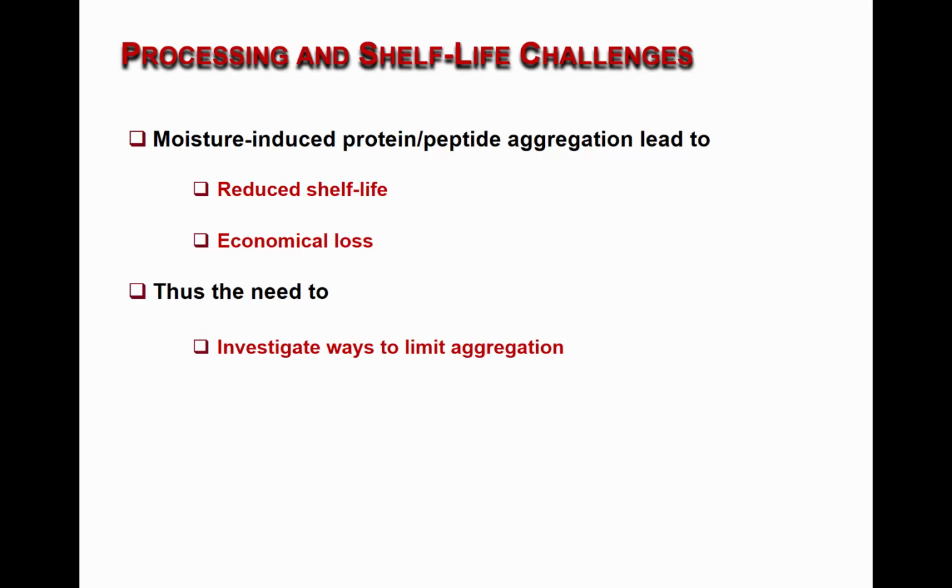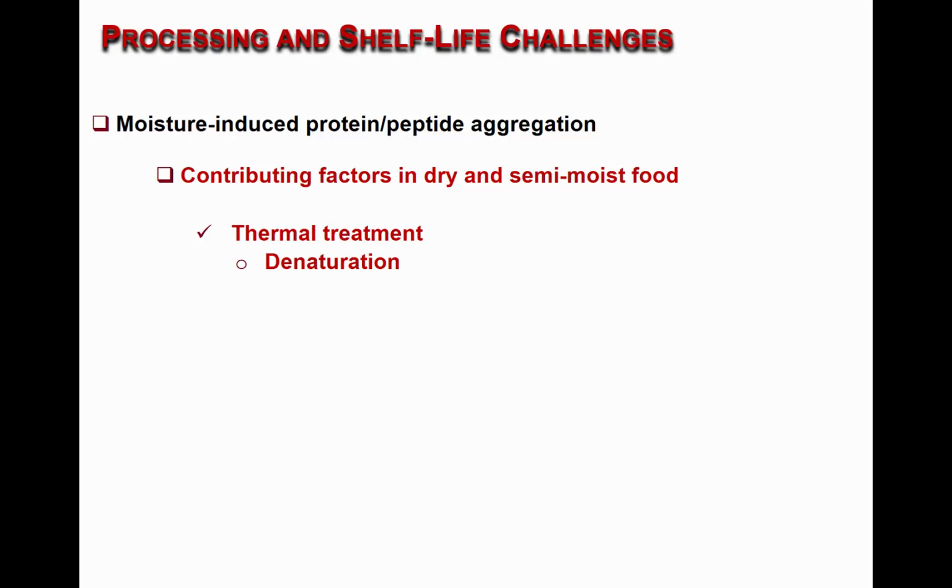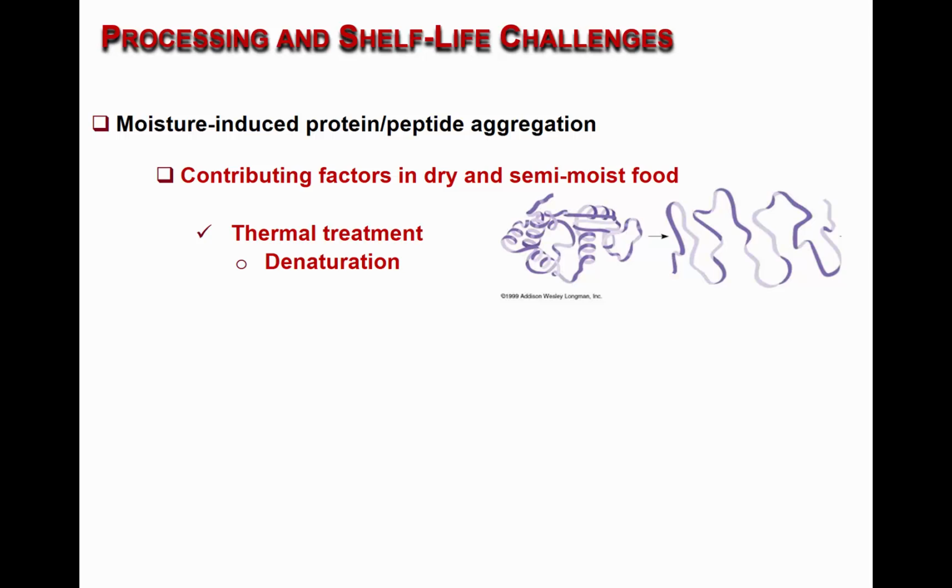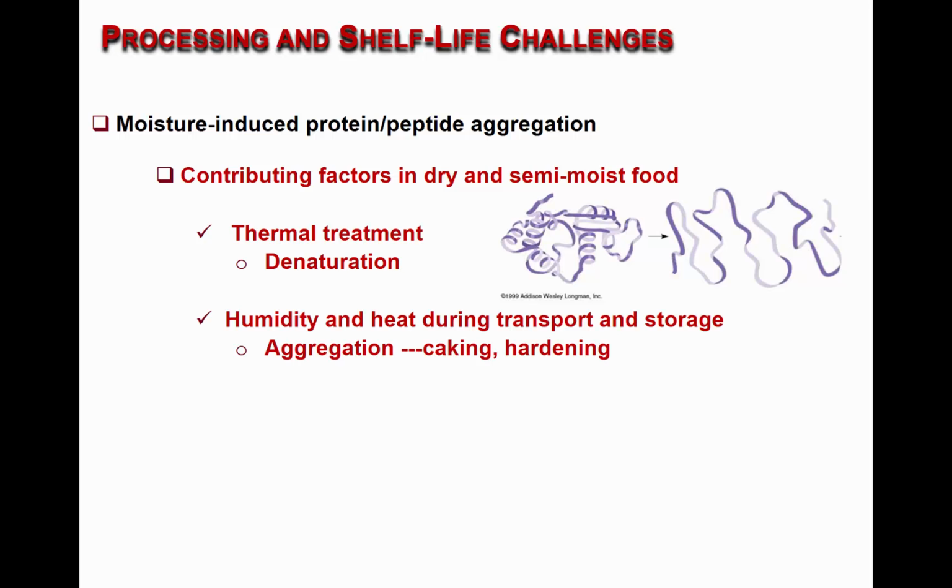So what to do? Limit aggregation by modification of the protein. So if we look at the dry and semi-moist foods like the powders and the nutrition bars, you have thermal treatment that needs to be done that would lead to denaturation. So protein is opened up, now it's ready to interact with other proteins.